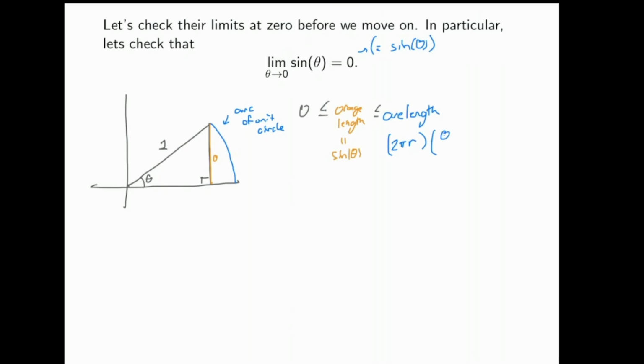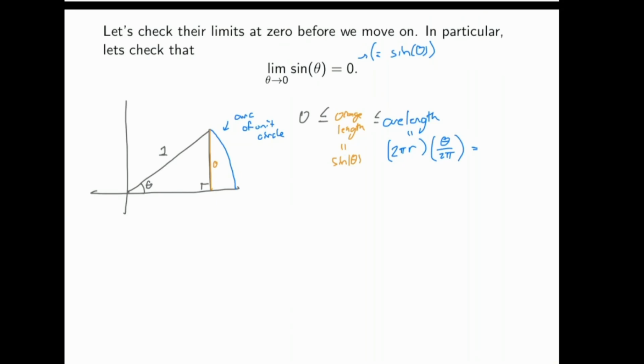So we can multiply that by theta divided by 2 pi. But r is 1, and we can cancel off our 2 pi's. So we actually just get that the arc length is theta. So in fact, we get this nice inequality here, that sine of theta is between 0 and theta for positive angles.